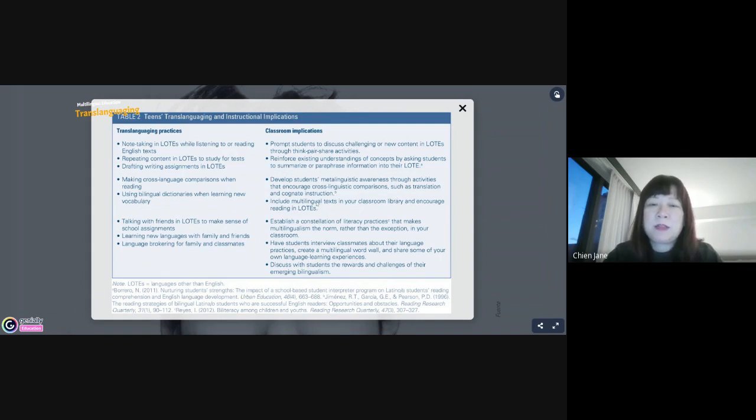And include multilingual text in your classroom library and encourage reading in the native language, the LOTES. Multilingual text in the classroom library means you offer the same book in different languages so that you could read in different languages. Okay, establish a constellation of literacy practices that make multilingualism the norm rather than the exception in your classroom.